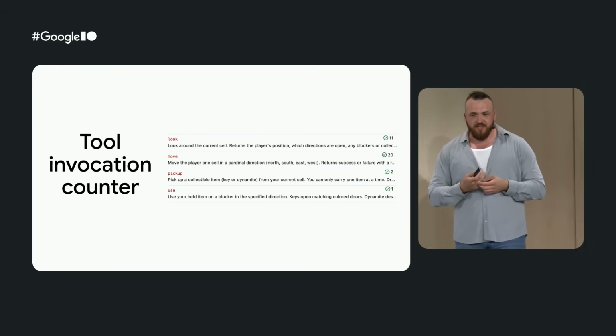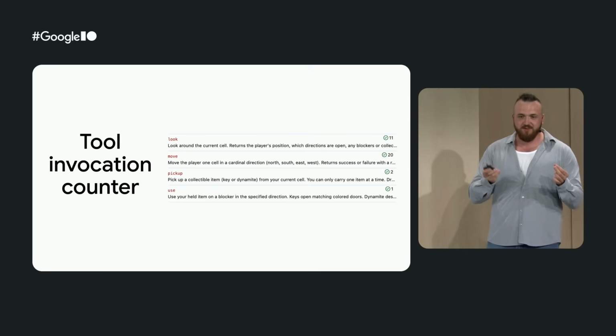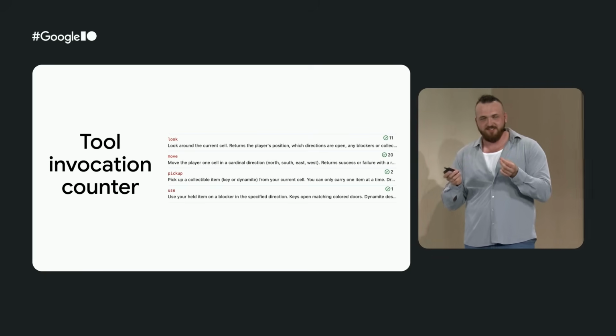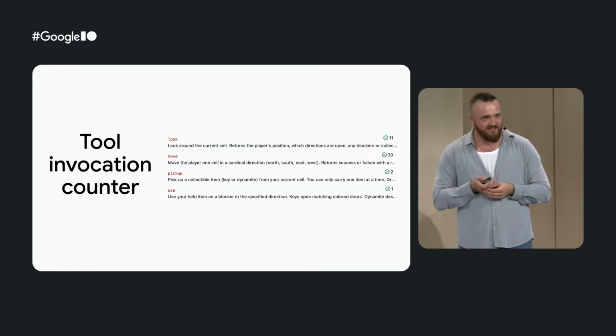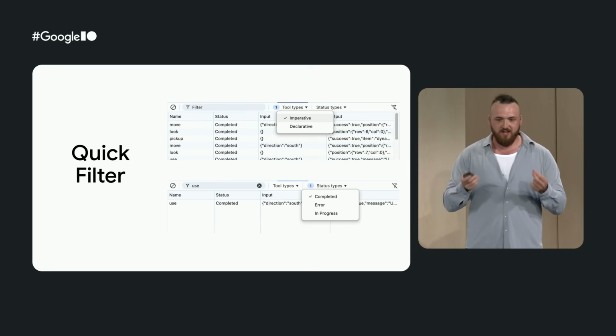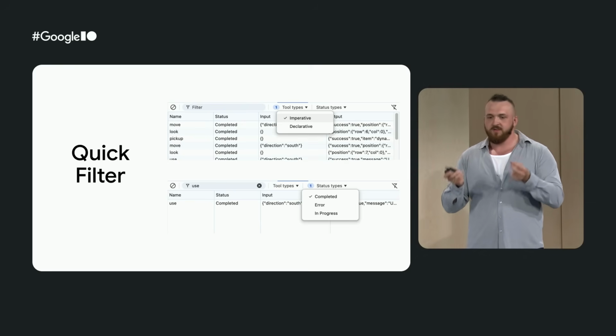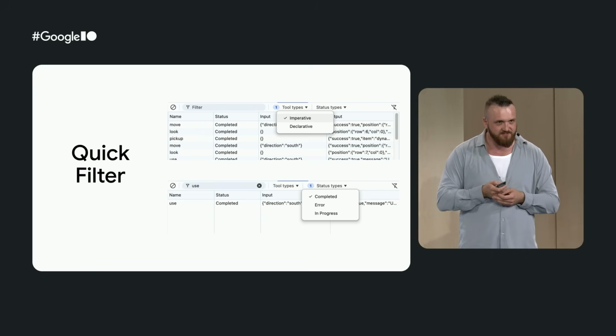You can use the tool invocation counter to verify how many times a tool was called. It's especially useful to verify, again, if a certain tool was not called or called fewer times than you expected, right? If there are too many tool calls in the activity log, you can filter for declarative, imperative, status type, and even search for certain strings.